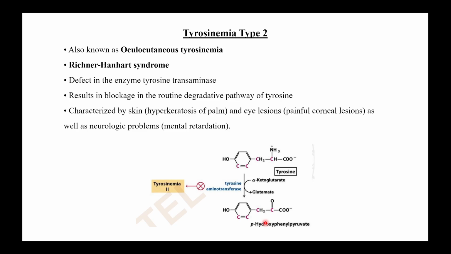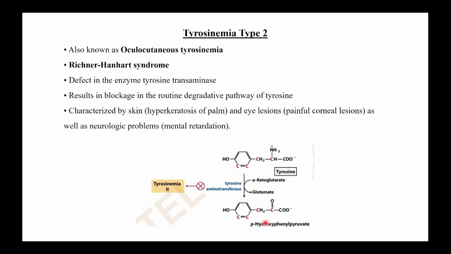It results in a blockage in the routine degradative pathway of tyrosine, as you can see, and it is characterized by skin hyperkeratosis of the palm and eye lesions. Painful corneal lesions are observed, as well as some neurological problems like mental retardation in tyrosinemia type 2.